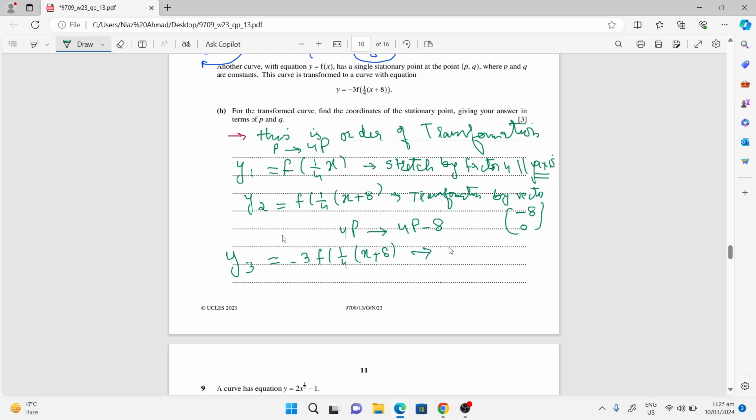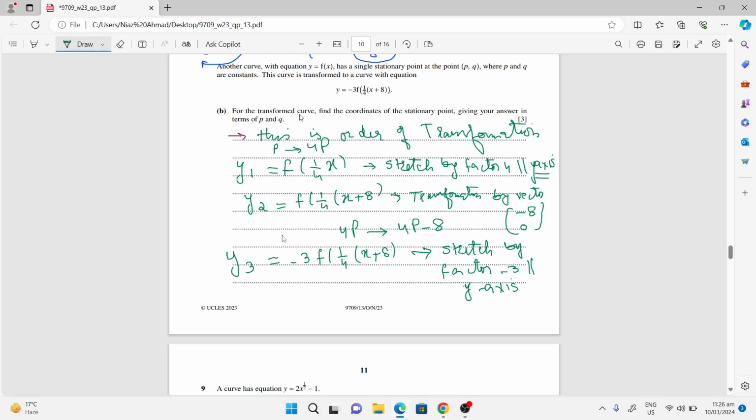It's a stretch by factor negative 3, parallel to the y-axis. So this was your third one.